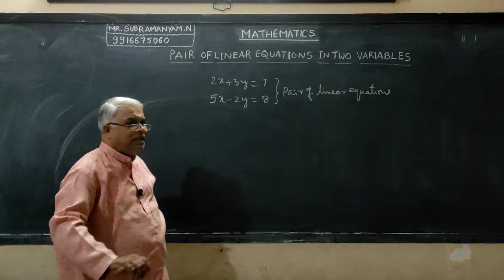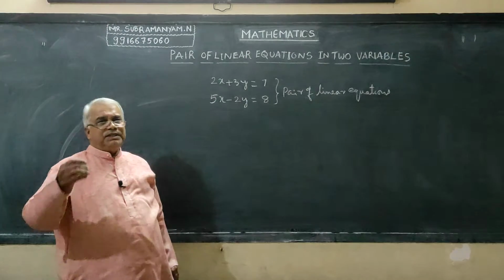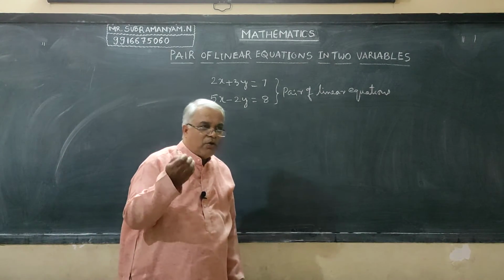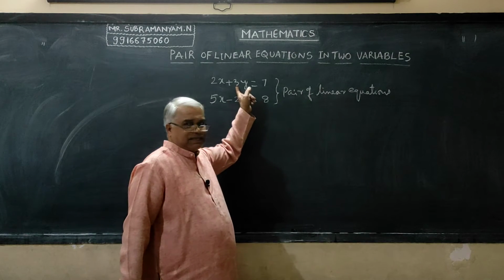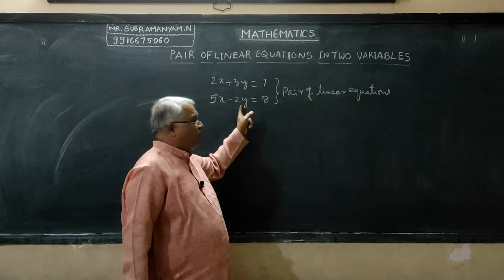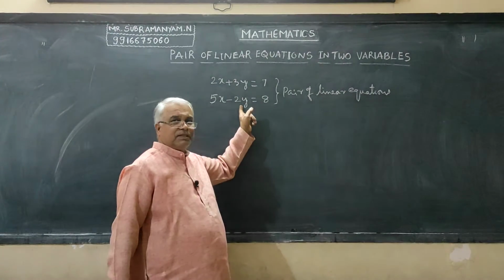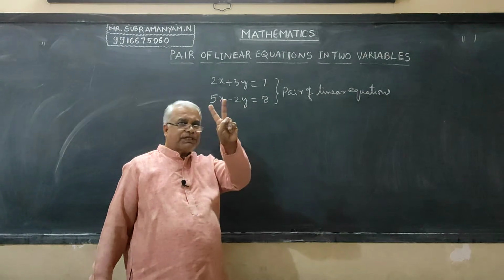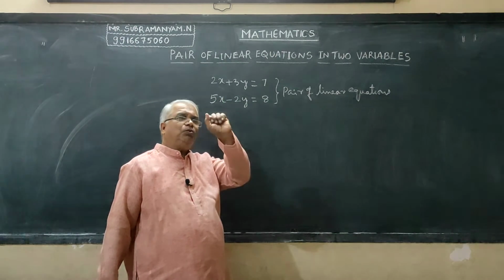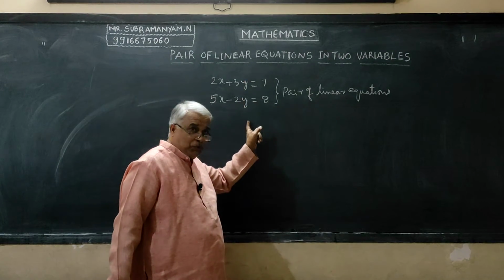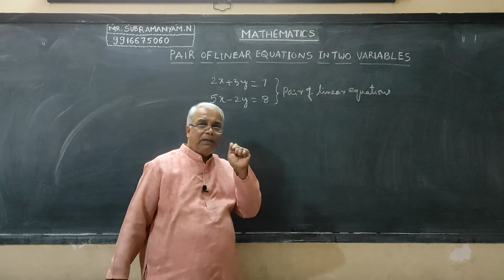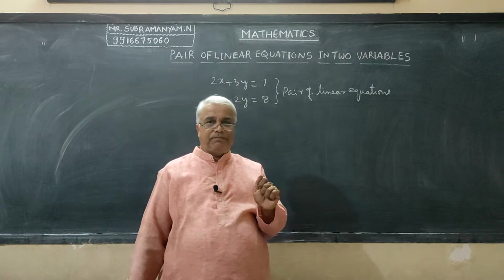So this is the meaning of this chapter. In this chapter, when we plot this, we get a straight line. That means we will have two straight lines. What do we study in this chapter? When we draw these two straight lines, what type of lines do we get?